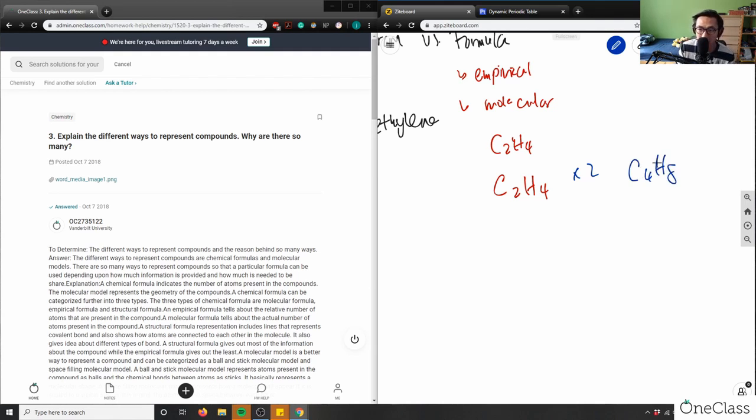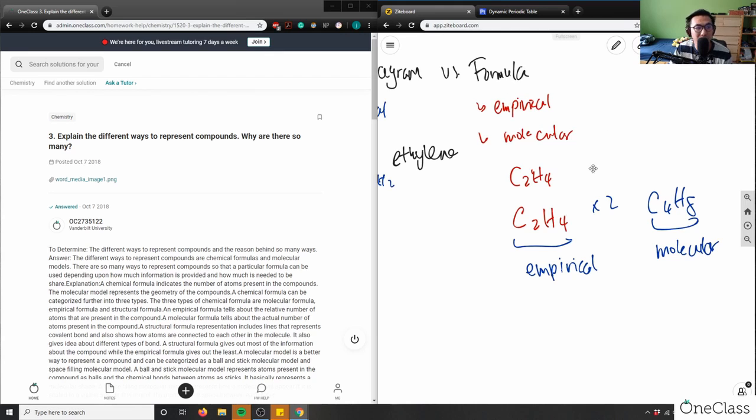It's not ethylene anymore, but this would be the molecular formula, and this here would then be the empirical formula, right? So again, empirical formula, you could think of it as the lowest terms, but when we think about lowest terms, it always changes the integrity of the chemical formula, right?